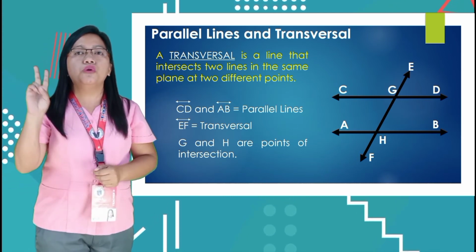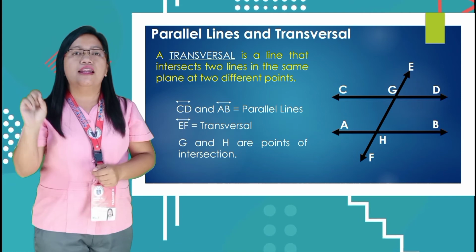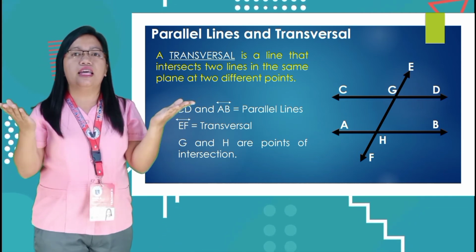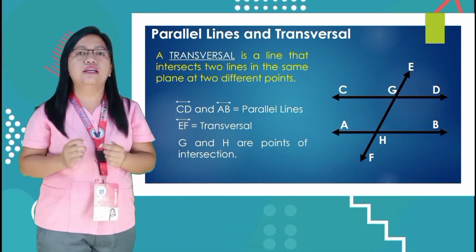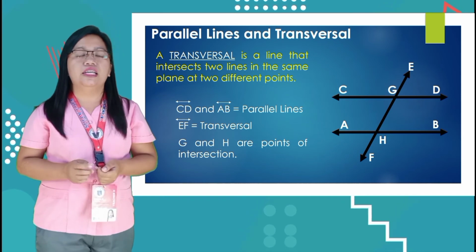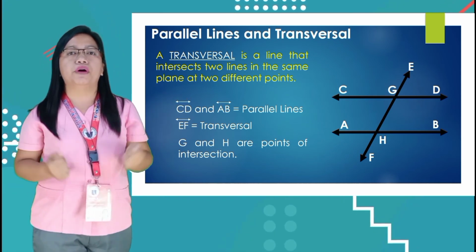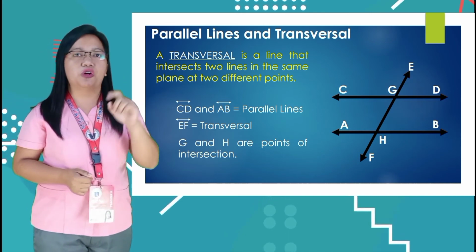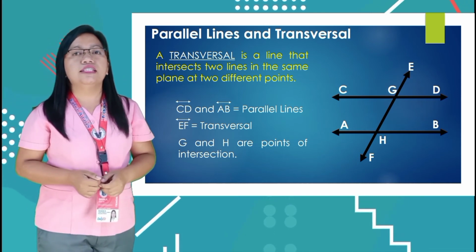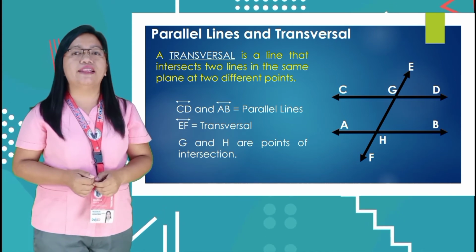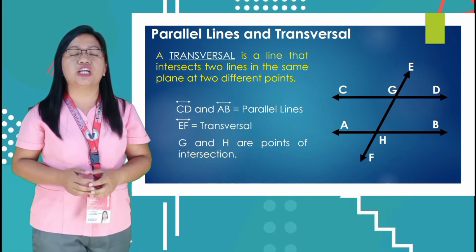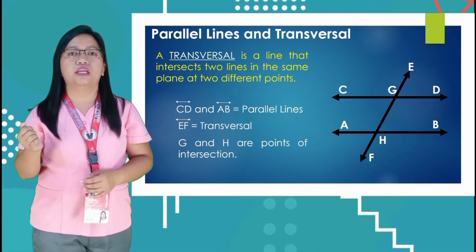So, the two parallel lines, line CD and line AB, are cut by the transversal line EF. G and H are points of intersection. So, let us now study how to find the measure of each angle formed.